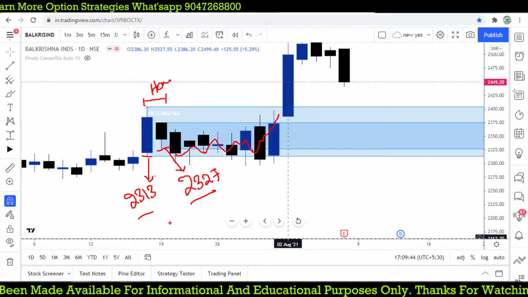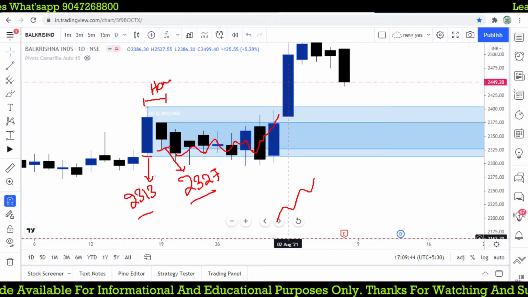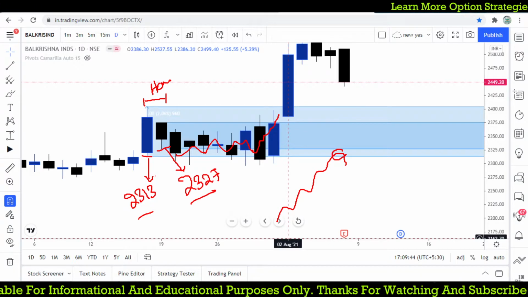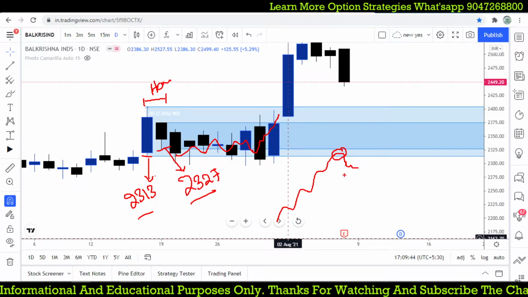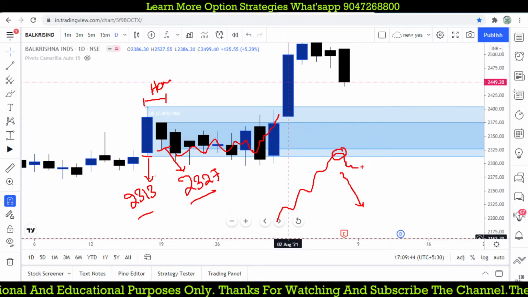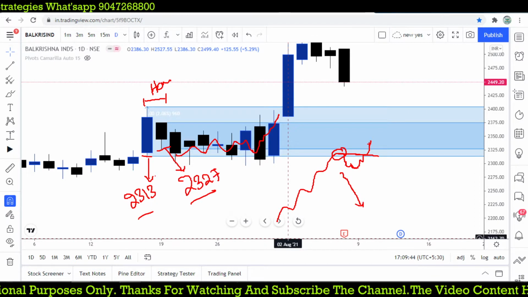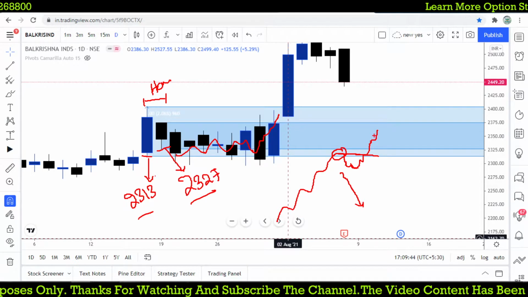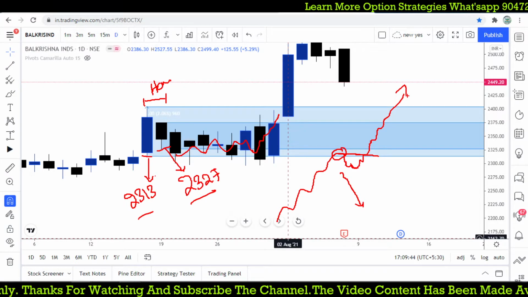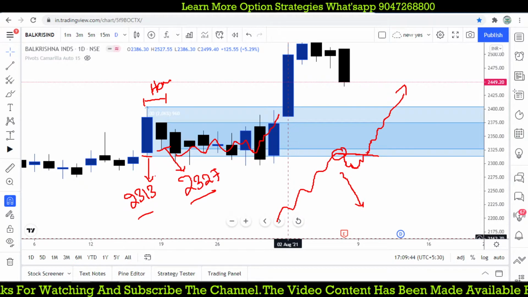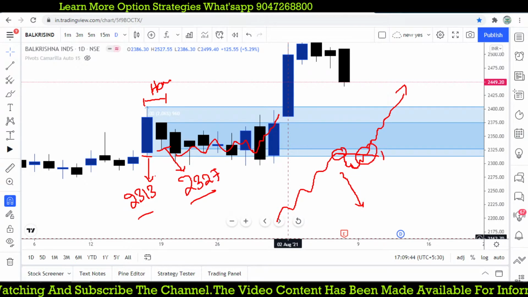So what we are expecting, the market started moving up and we find some reversal pattern at this point. So we are expecting the downtrend. Unfortunately the stop loss triggers at this point. So ultimately the trend continues on the stock. The trend continues, right? So we will go for a buy at this point also.